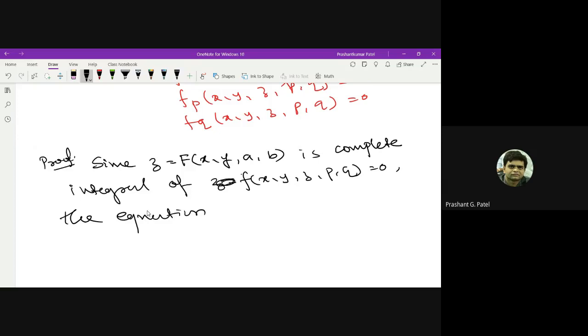That means z equal to f of x, y, a, b is the complete integral.